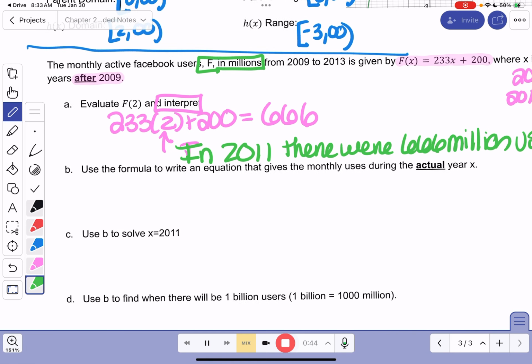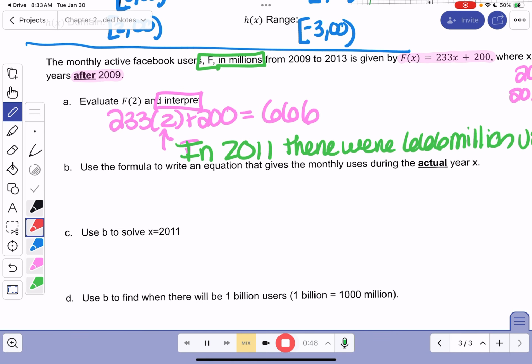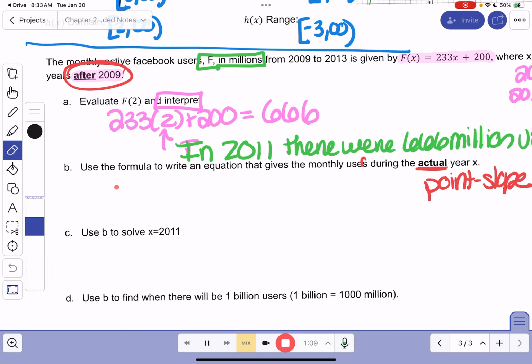All right. Use the formula to write an equation that gives you the monthly users, this should say users, during the actual year. So instead of having X represent 0, we want to be able to just plug in the regular year. So we're going to use point slope form. This is something to pay attention to. You're going to see it again. Nothing's really changing.